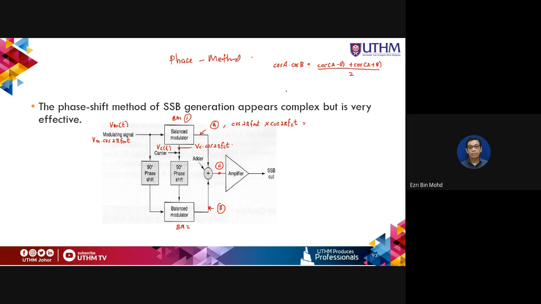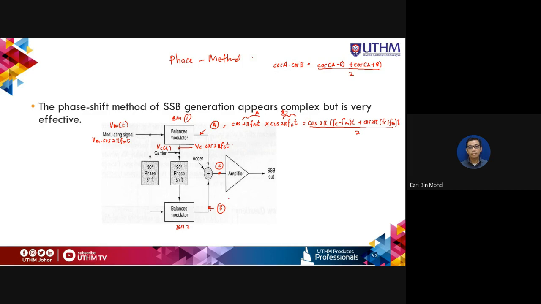So same terminology here. Here is cos A, here is B, for example, or terbalik, this one B or this one A pun boleh, tak ada masalah. Okay, so the resultant output will be cos 2 pi FC minus FMT plus cos 2 pi FC plus FMT divide by 2, right? By using a trigonometric identity here.